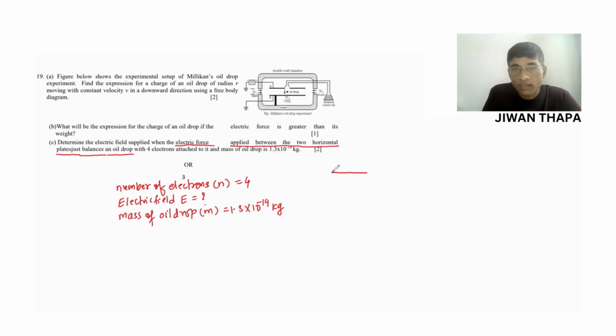So what do we find? This is the upper plate and this is the lower plate. So we have an oil drop. At balance condition, the electric force equals the weight. So this is the weight of the oil drop.